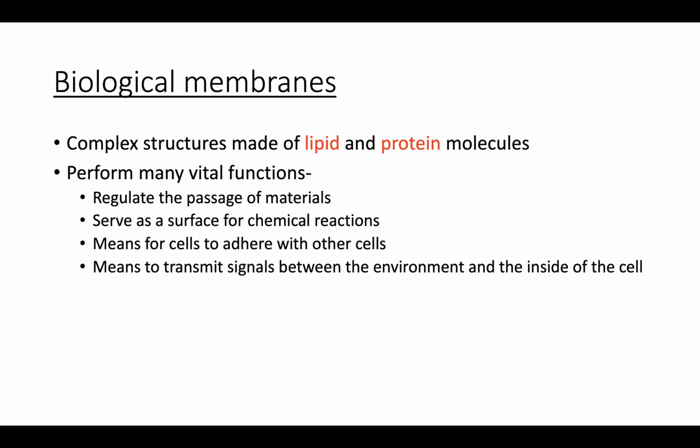The plasma membrane also serves as a surface for chemical reactions to take place. It serves as a way for cells to adhere to other cells. We know that tissues are made when cells interact and adhere together, so that cell-cell adhesion takes place at the plasma membrane level. The plasma membrane also serves as a means to transmit signals between the environment and the inside of the cell.